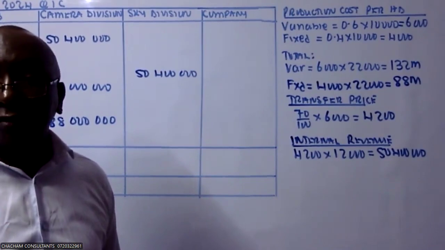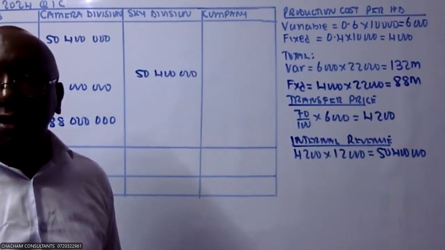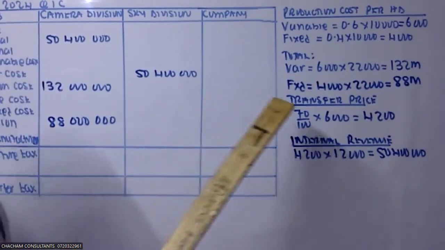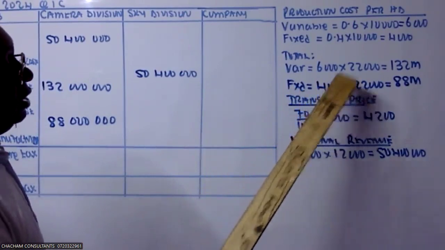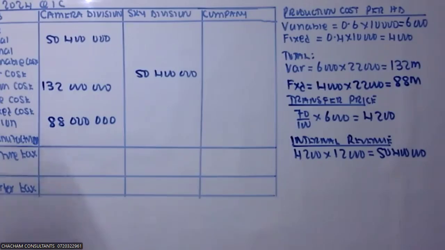The next additional information is that the fixed manufacturing overhead are absorbed based on the budget output. That one we have handled. That's why we took the 4,000 fixed times the 22, the budget output.